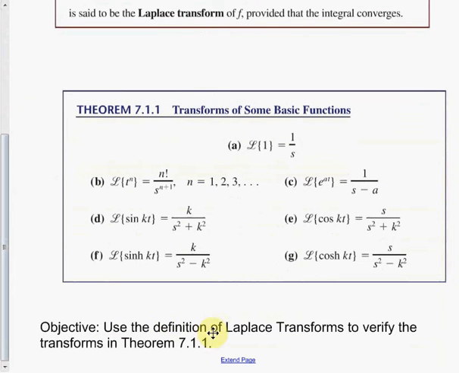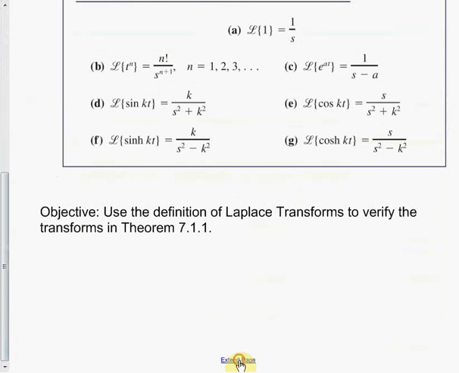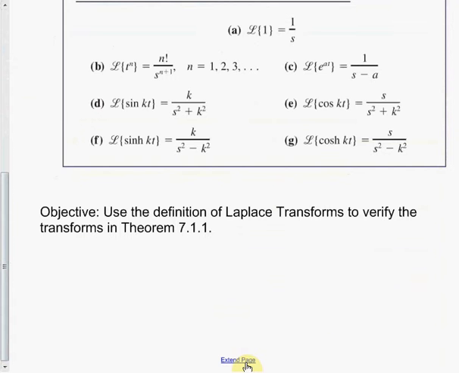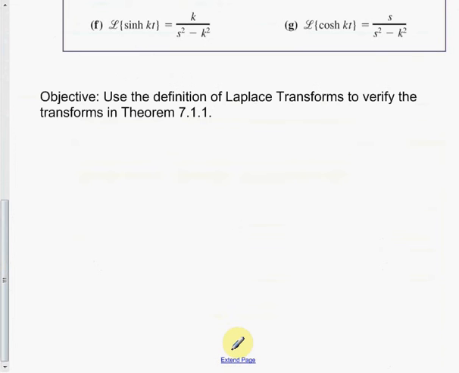Objective: use the definition of Laplace transform to verify the transforms here in theorem 7.11. So I begin there. We take the first one, and I'm going to label them as 1, 2, and 3, because this part B has maybe 4 guys in there that I want to look at, so I can show you that pattern.